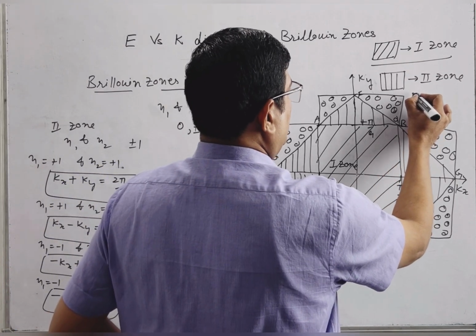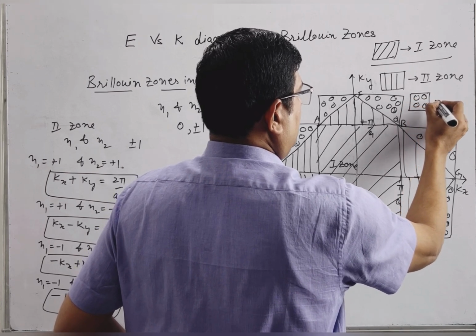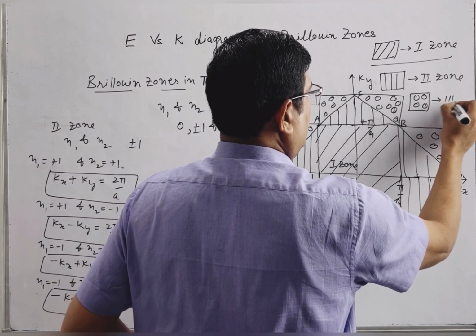The third Brillouin zone is shown by these circles, the third zone.